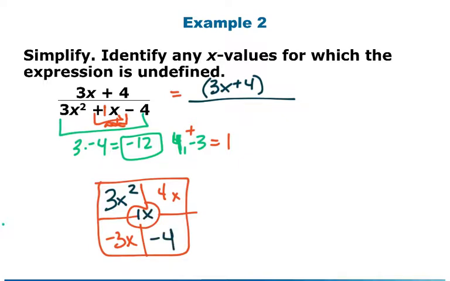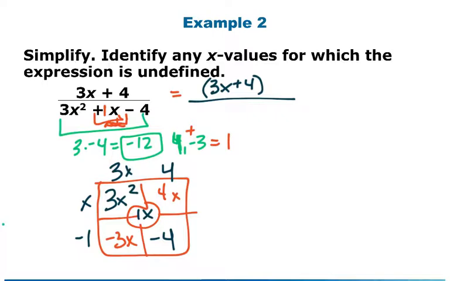And so to get our factors from that, we take our rows and columns and pull out the like pieces. So for instance, in this first column, there's a 3 and an x in both of those. In this column, there's a 4 in both. Over here, we've got an x in both. And then over here, we've got a negative 1.